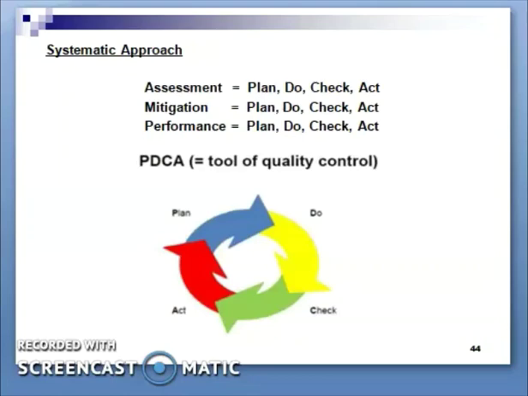When we go for planning, doing the things, checking the things, and acting upon those things, this is called a systematic approach. So in assessment, plan, do, check, act. Similarly, in mitigation, plan, do, check, act. And in performance, plan, do, check, act. So the plan, do, check, act, PDCA is a tool of quality control.